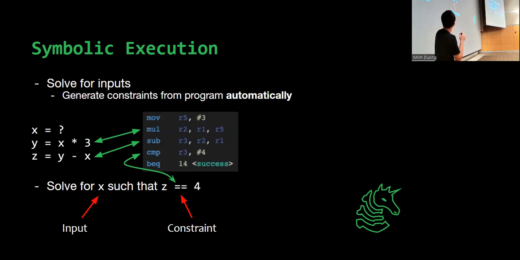On the left-hand side are the constraints that angr, or whatever symbolic execution engine, picks out from the assembly. Once it picks out these constraints, it can then put them into a constraint solver such as Z3, and then you will be able to find a correct solution.